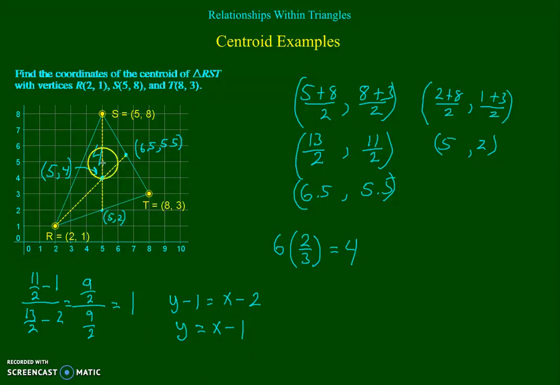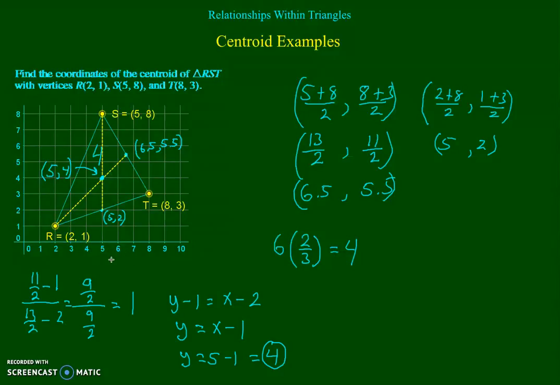Now we know that the x-coordinate has to be 5 because this vertical line is where this point has to intersect. So we know the x is 5. So y equals 5 minus 1, which is 4. And so clearly our y-coordinate is 4. So we know our x-coordinate is 5 and our y-coordinate is 4. So we've confirmed our result.